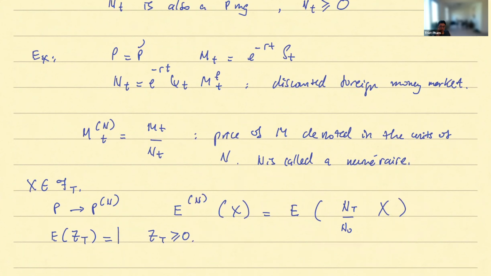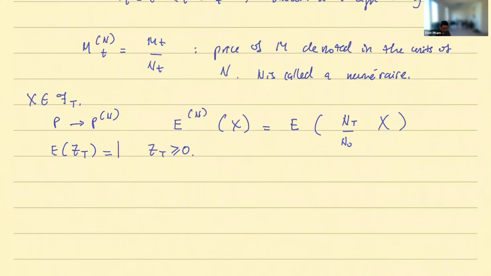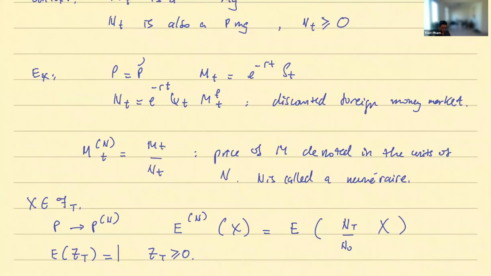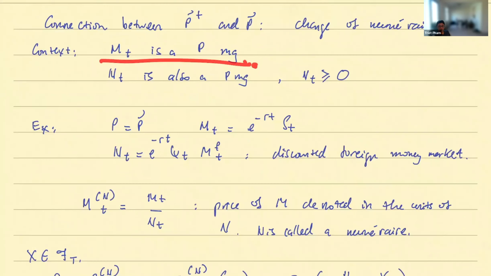What's the catch or what's the kicker? The catch is this: M^n_t is a martingale under P^n if, I guess you can do both, M is a martingale under P. So I don't need this to be a martingale originally.